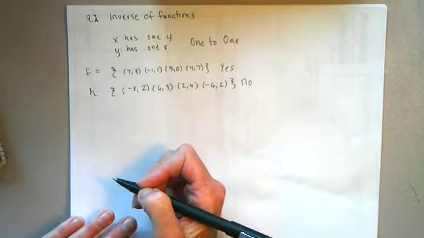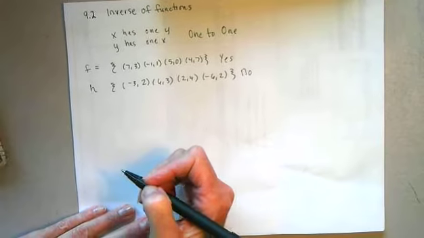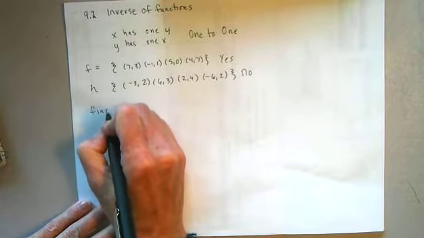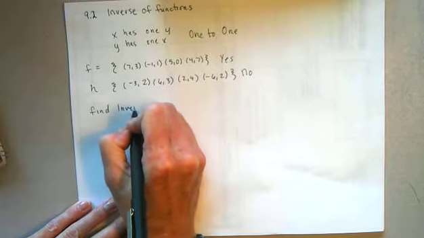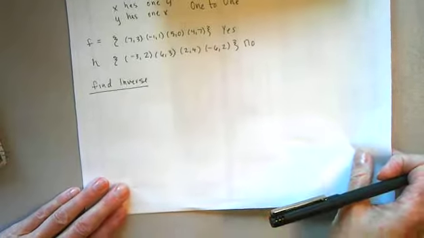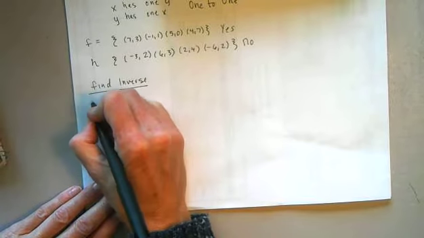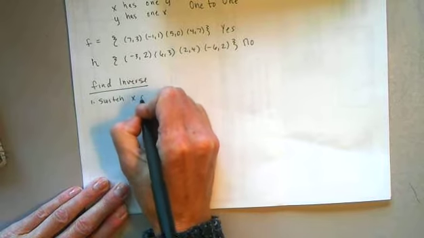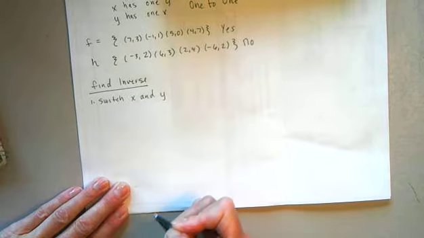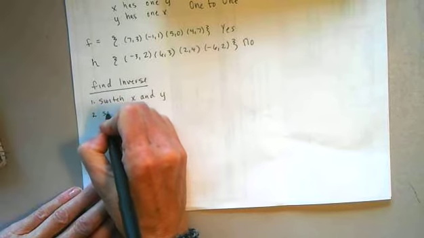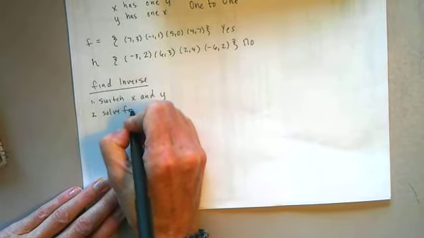Now, if a function is 1 to 1, then it has an inverse. And you can find the inverse following these steps. And I'll write those down for you. If you want to find the inverse, first of all, switch x and y. Just trade them spots, and you'll see that in a second. And then solve for y, and you'll get a new equation.